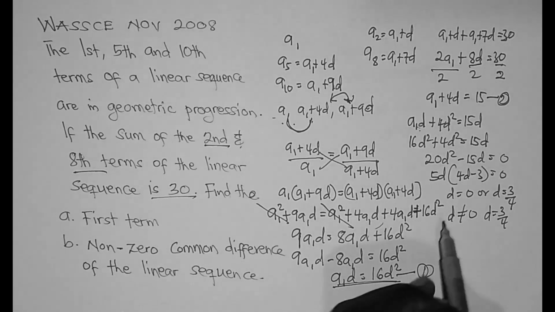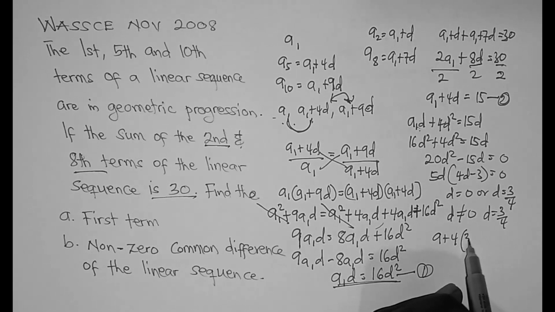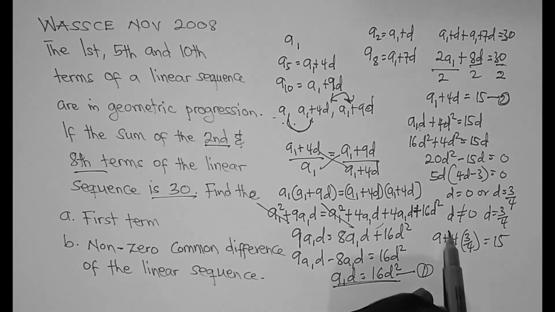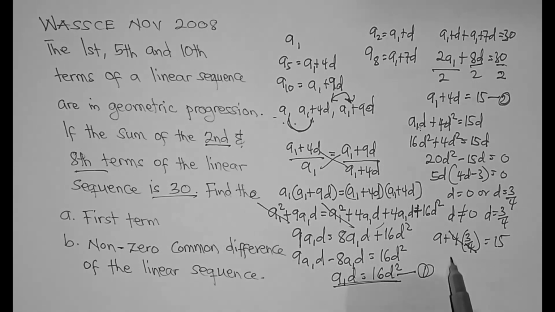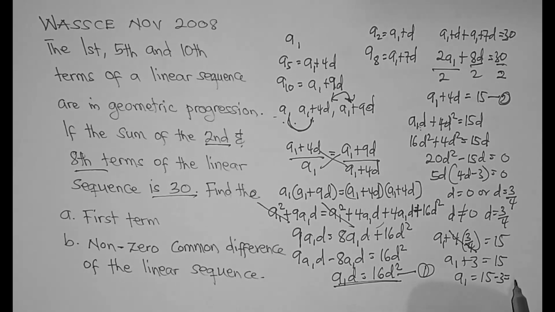So a1 plus 4 times d, and d is 3/4, equals 15. So this 4 and this 4 can cancel out. So a1 plus 3 equals 15. So a1 is equal to 15 minus 3, which is equal to 12.